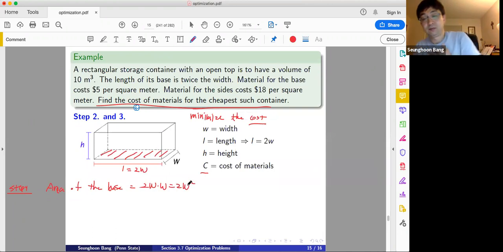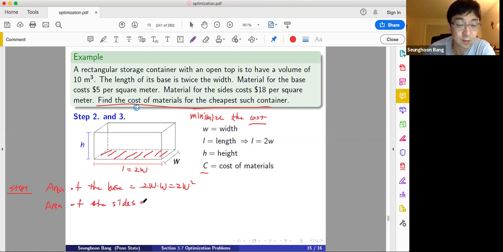The next: what's the area of the sides? The left-hand side and the right-hand side are each W times H. So we have WH plus WH.